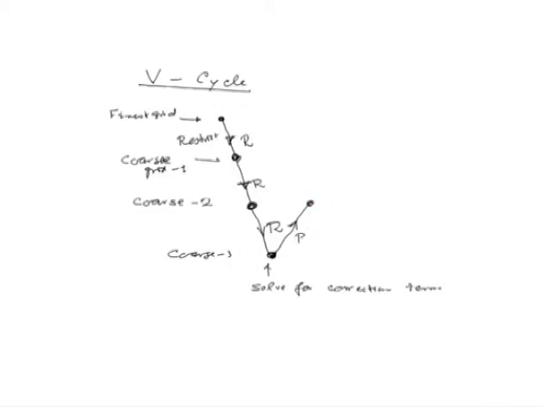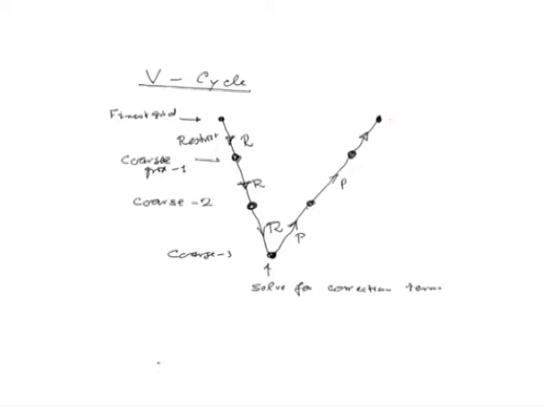So prolong our solution to the next finer grid, to the next finer grid. Ultimately, we would reach the finest grid level where our solution is sought. If we proceed in this way, that is what is referred to as the V cycle.